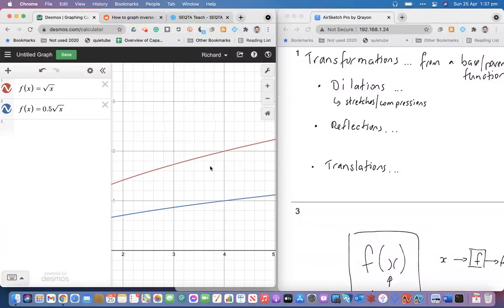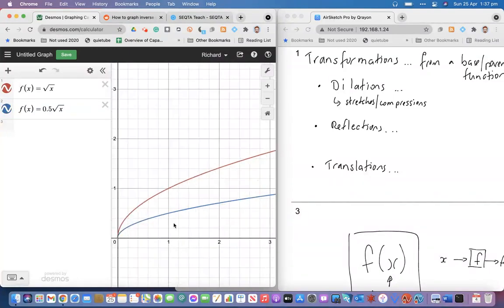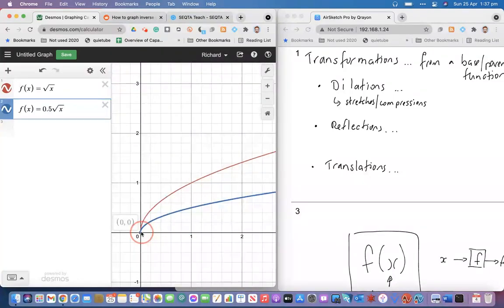If I go over to 4, then the square root of 4 is 2, but when I halve the output, it's now equal to 1. Sorry, 1, beg your pardon. So it's been halved. Every single value has been halved. (0, 0), half of 0 is 0, and so that's why it starts, it's fixed here. Okay, so it's been scaled rather than shifted.